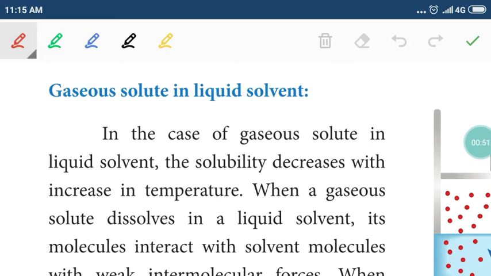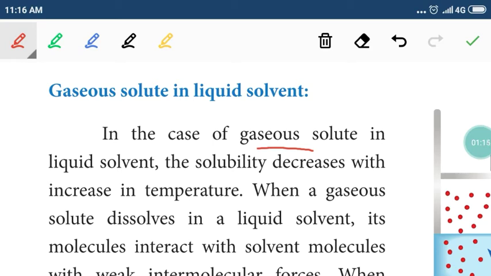In today's class, we discuss about variation of solubility with the temperature for a solution having gaseous solute in a liquid solvent. So we are going to prepare a solution using gaseous solute molecules in liquid solvent. So take a solute in gaseous phase.